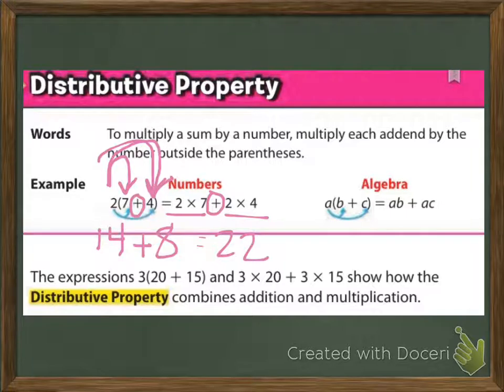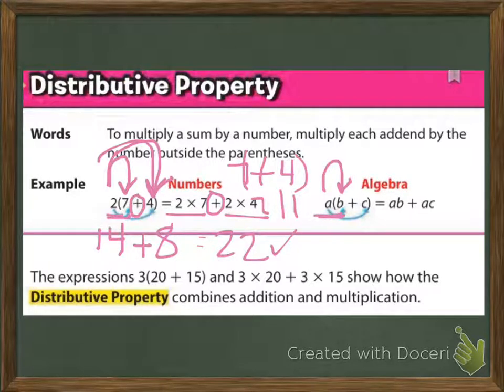Which if you checked it, if you did 7 plus 4 inside the parentheses and got 11 and multiplied that times 2, you would in fact get 22. So it's just showing you that it's going to work either way. So distributive property just means that everything that's inside parentheses has to be multiplied by what's outside. So there's no sign between the number and the parentheses.